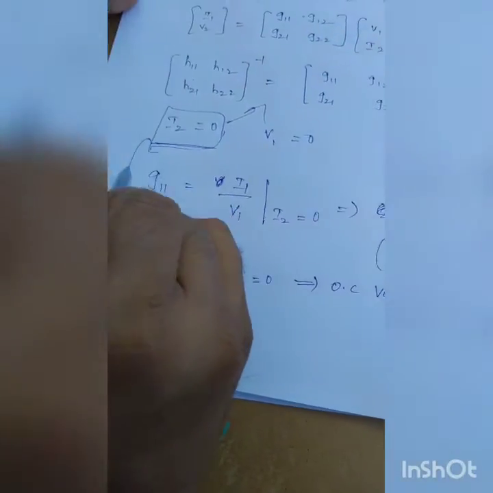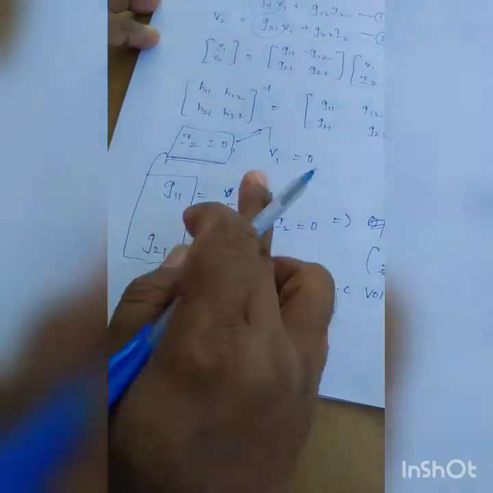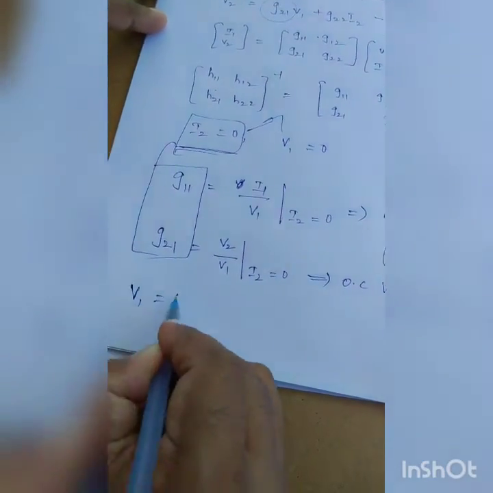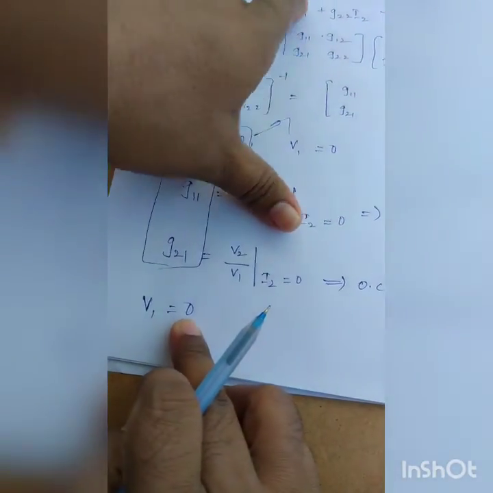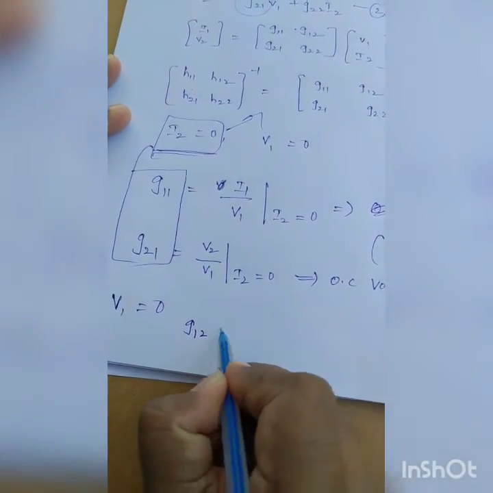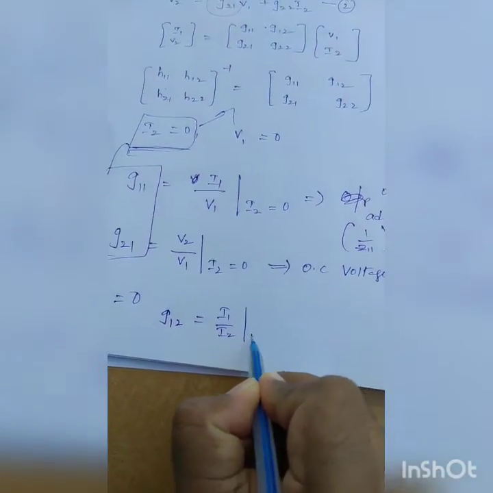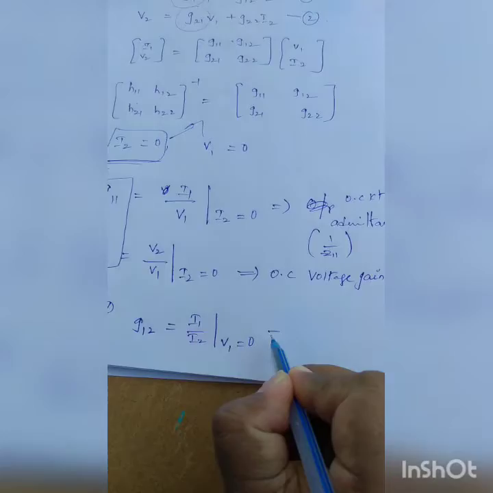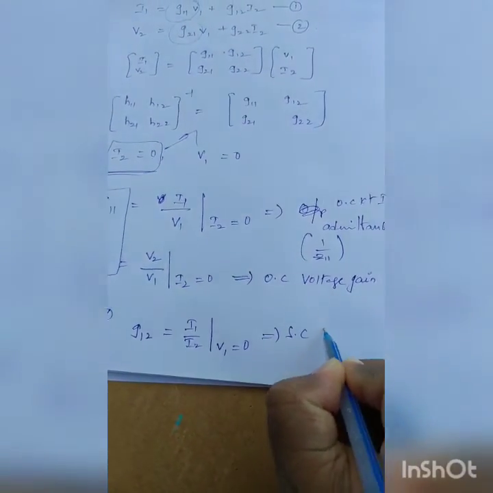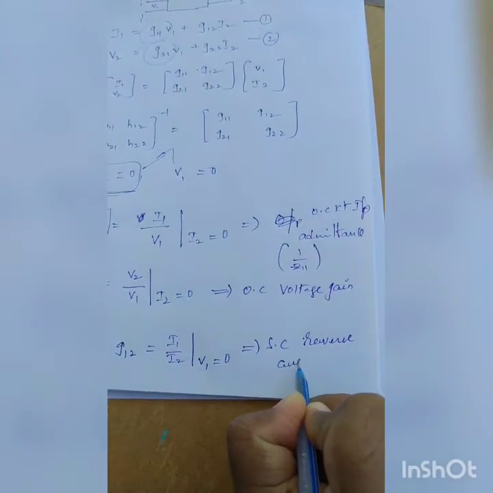When the current I2 is equal to 0, you find the G11 value and G21 value. Suppose V1 is equal to 0, what happens? Then from the two equations we have to find out the G12 value, that is equal to I1 by I2, when V1 is equal to 0. This is called short circuit reverse current gain.